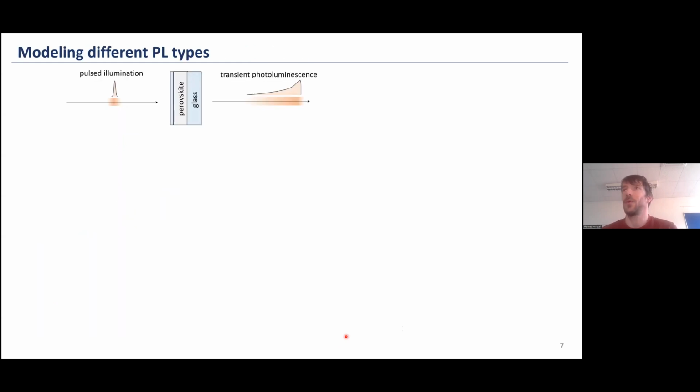Now we come to the theory part. I hope I don't lose you, but it's just two slides. We come in with this illumination pulse, which excites the perovskite layer, and the transient photoluminescence comes out. After we measured this, we want to model it. The equation to model this is actually relatively simple.